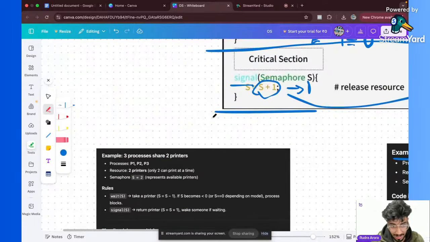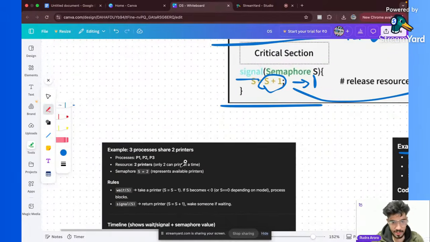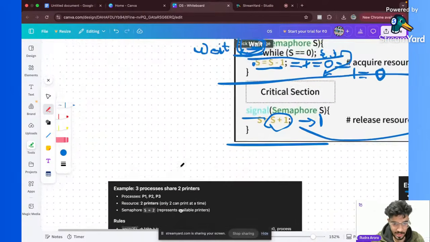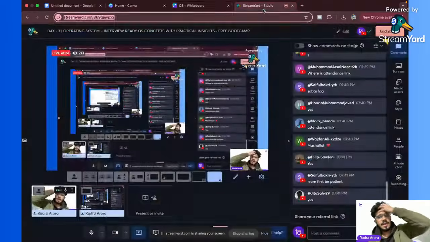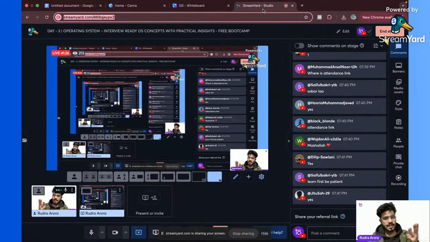Now I will ask you some questions before starting with this. If we have three processes, and I am having two printers, meaning two resources, what would be the value of S? Tell me that.